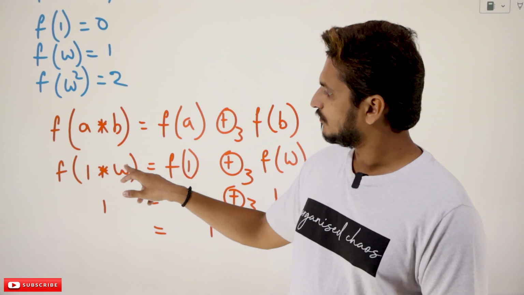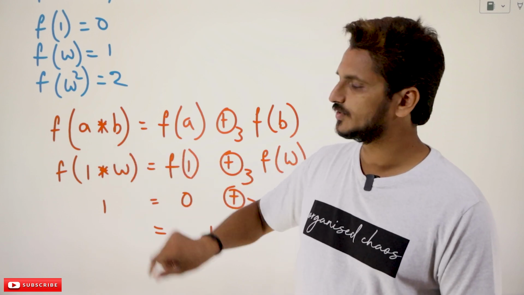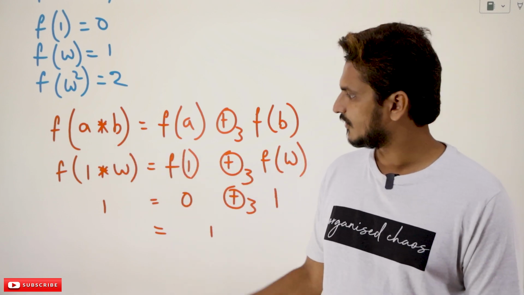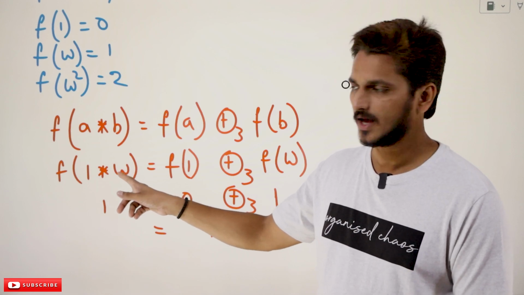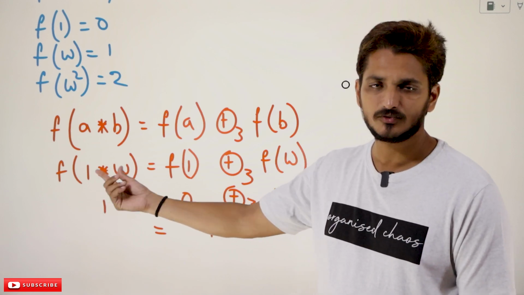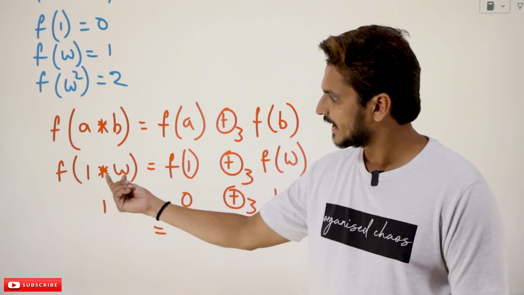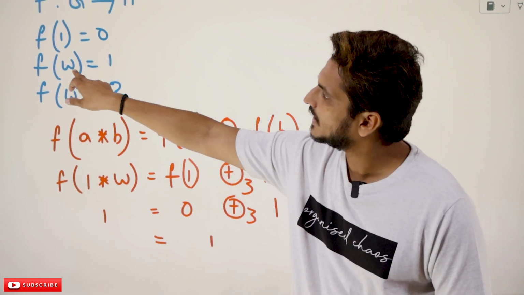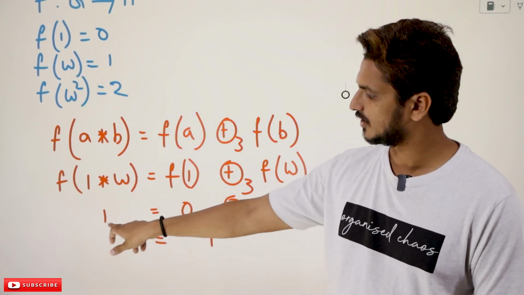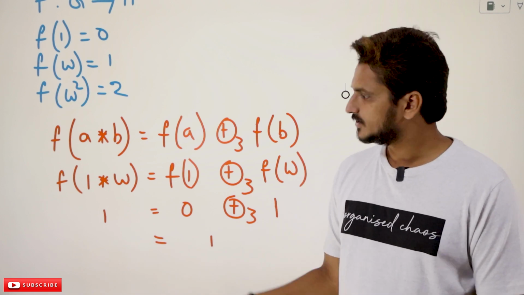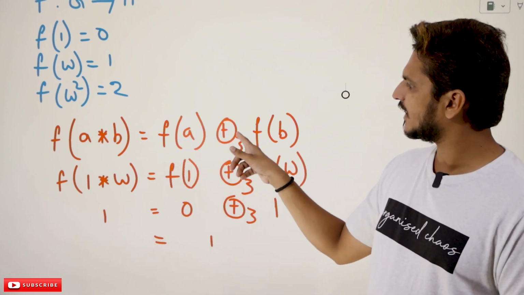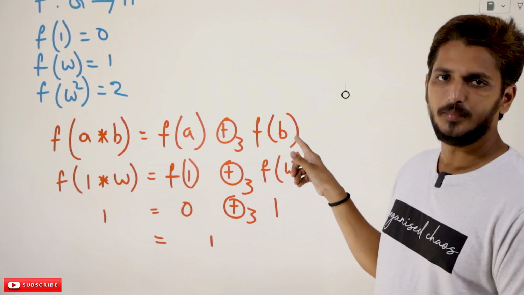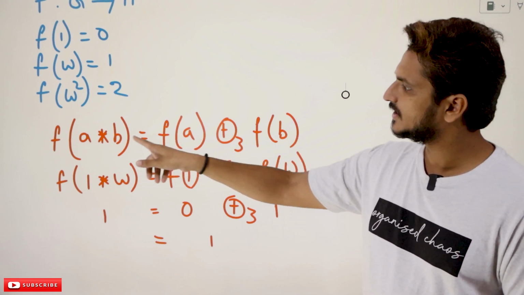F of 1 multiplied by omega. The two values we considered here are 1 and omega. F of 1 multiplied by omega means F of omega, and from the mapping, F of omega is 1. So the output is 1. This should be equal to F of A addition modulo 3 F of B. F of A means F of 1, which is 0.